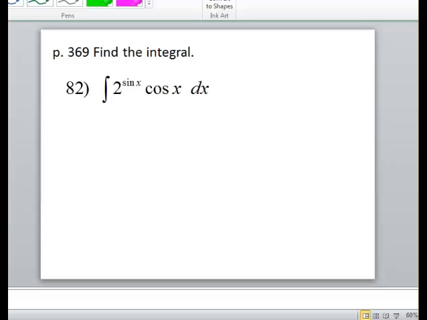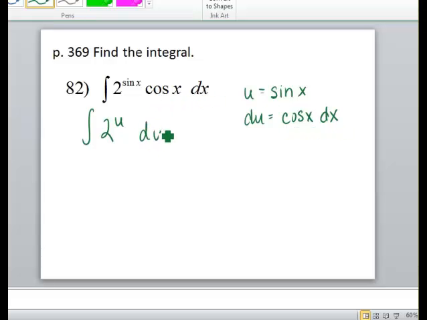In my next problem, I have another exponential, and I'll go ahead and work with that. I'll make my u equal to sine x. The derivative of sine x is cosine x dx, so I get rid of everything else I needed. So I have 2 to the u, and I need a cosine x dx, and I have exactly that, so I can put du.